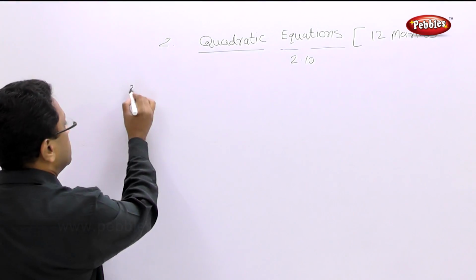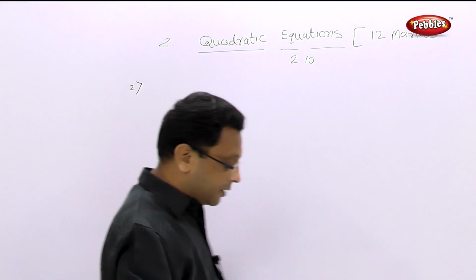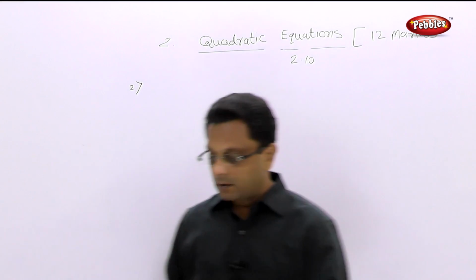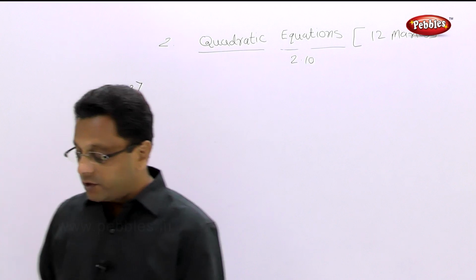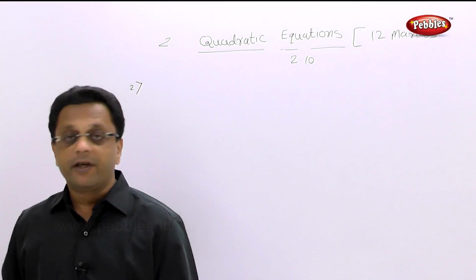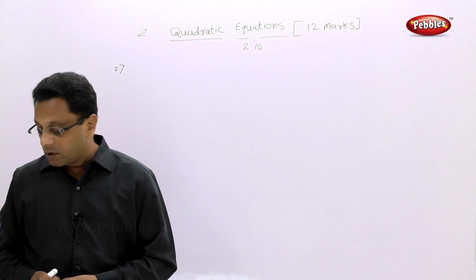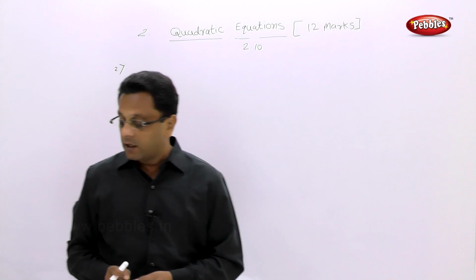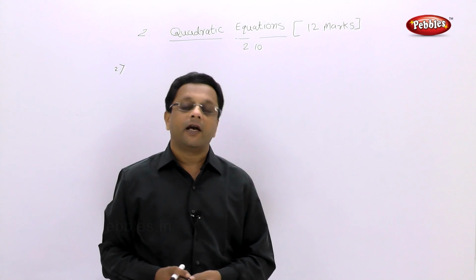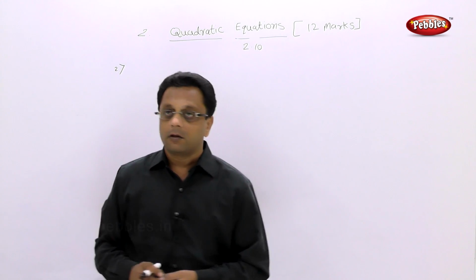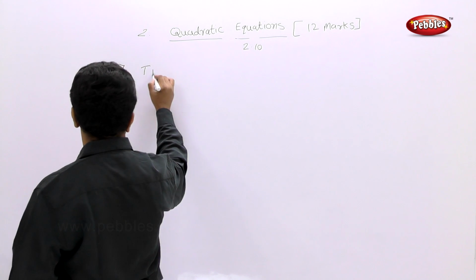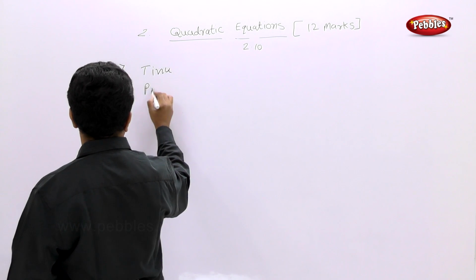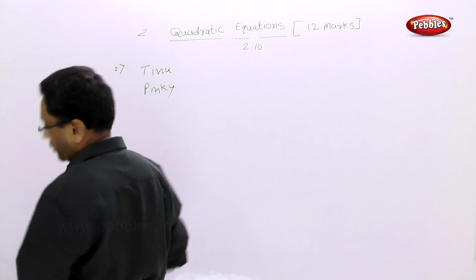The second sum is again an example of ages. Let's read it. Tinu is younger than Pinky by 3 years. The product of the numbers denoting their ages is 180. Find their ages. Now there are two girls, one is Tinu, one is Pinky.